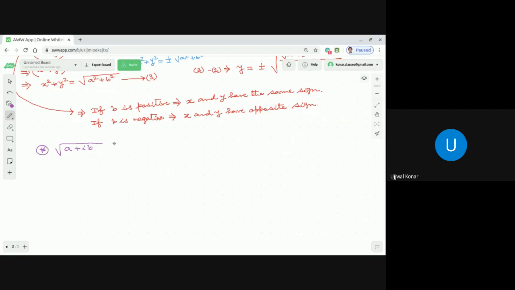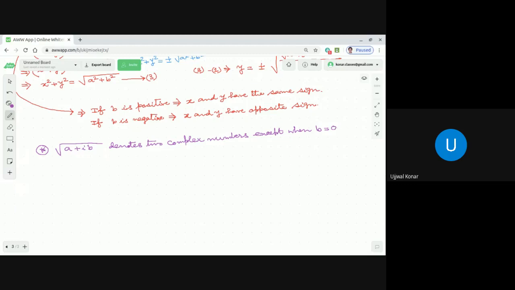The square root of a plus ib denotes two complex numbers except when b is equal to 0.